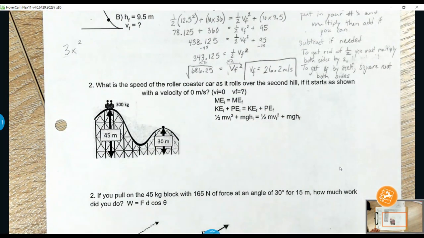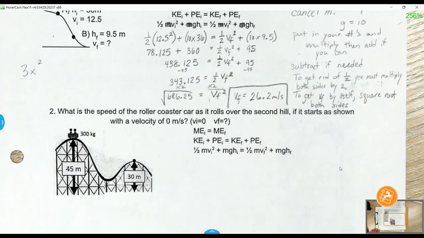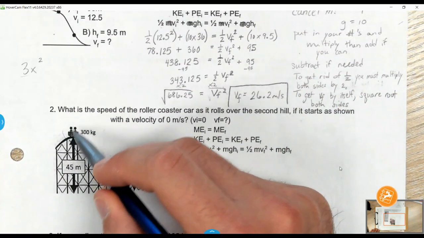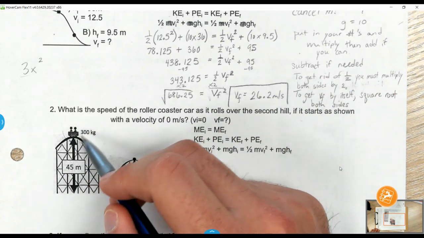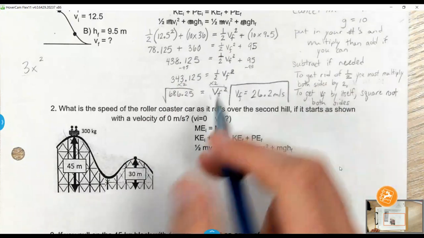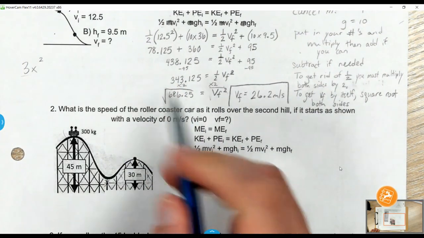Now, to go to the next problem. The next problem is done basically the exact same way. They give you a mass, but we don't need it because it's going to be the same thing. The roller coaster carts with however many people are in it. It's telling us that it starts as shown with a velocity of 0 meters per second.